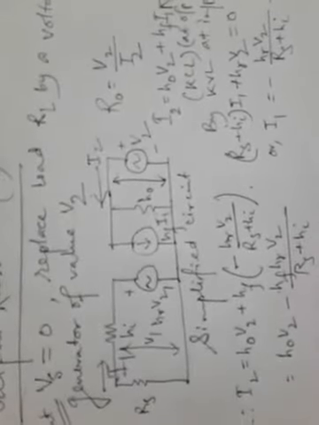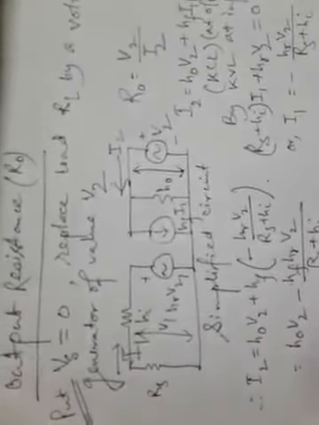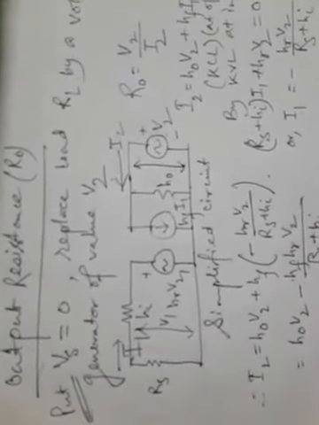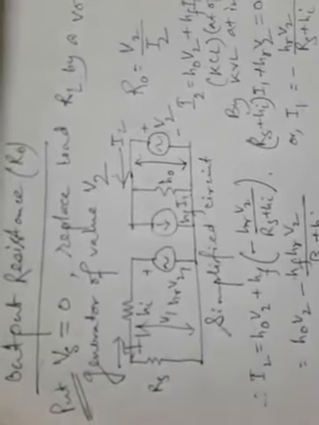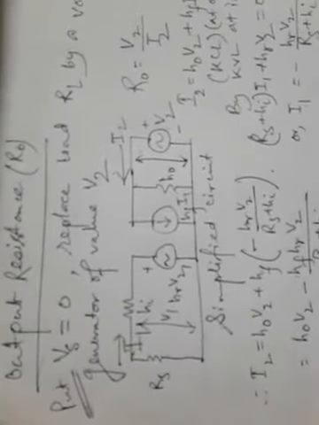Now take V2 common from here, so I2 is equal to HO minus HF HR by RS plus HI, whole into V2.